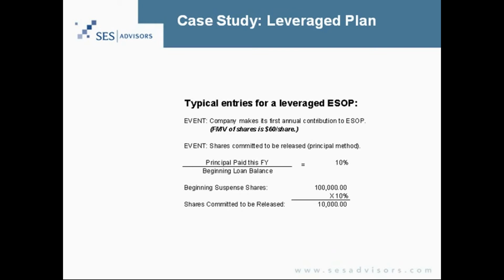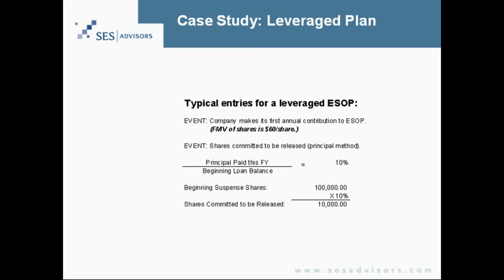The last concept on this slide, and I've just gotten a question about it, is when shares are committed to be released. There's a bit of a debate, and I think the SOP is pretty clear on this topic, but the concept of committed to be released is not the legal concept of when shares are released.